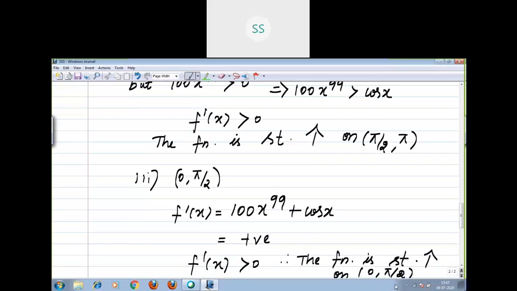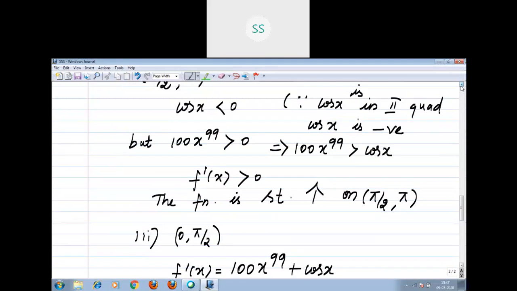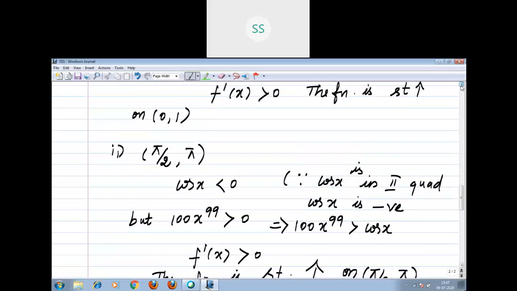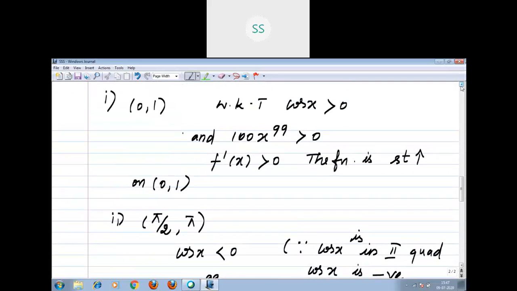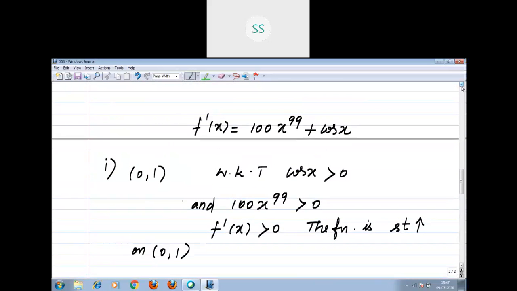See, in all the three cases, the function is strictly increasing. But what they are expecting in the question is strictly decreasing, right? The fourth option, what is given to you?